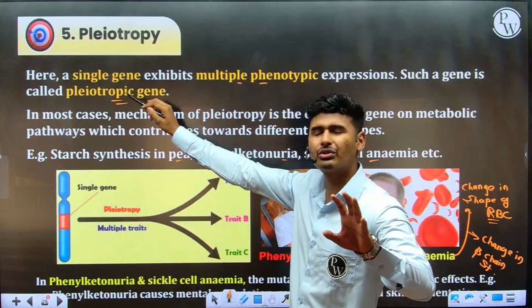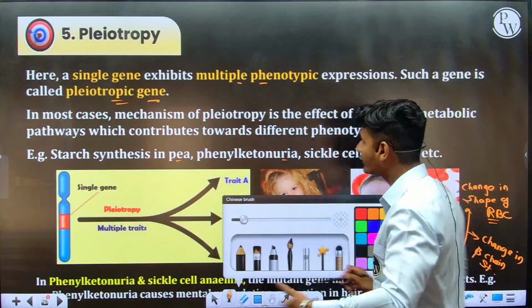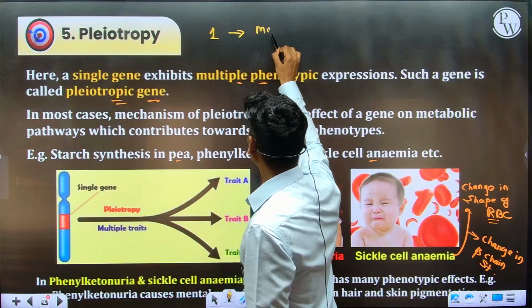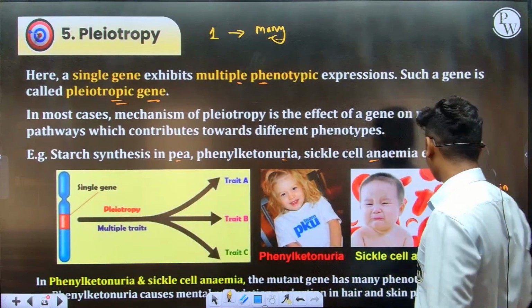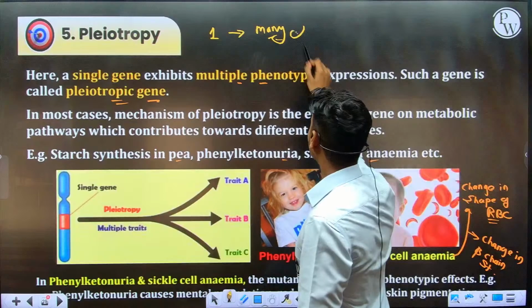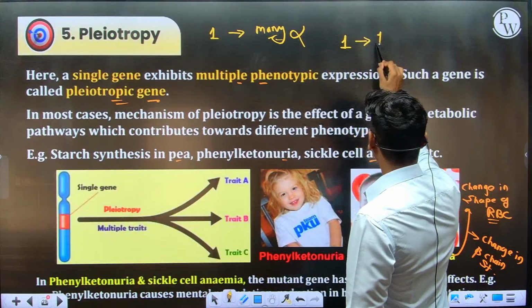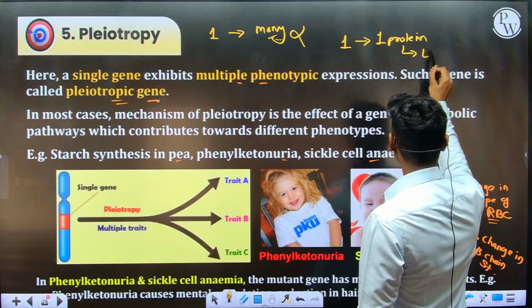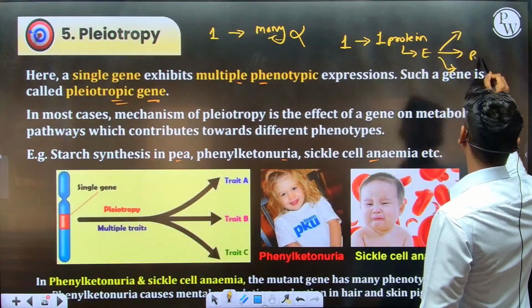Now, some students are very confused in this topic. They assume one gene controls many proteins, and that's why this takes place in phenylketonuria and sickle cell anemia. No, this is false. One gene produces one protein, this one protein produces one enzyme, and this enzyme has multiple roles.